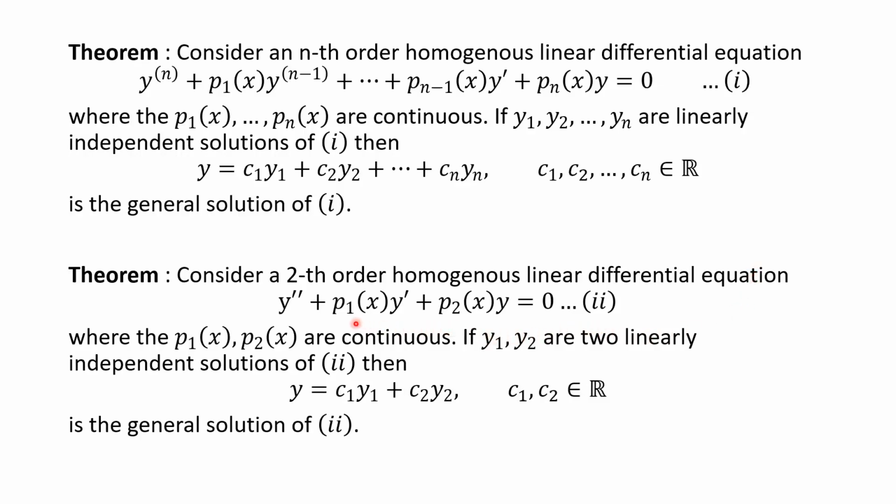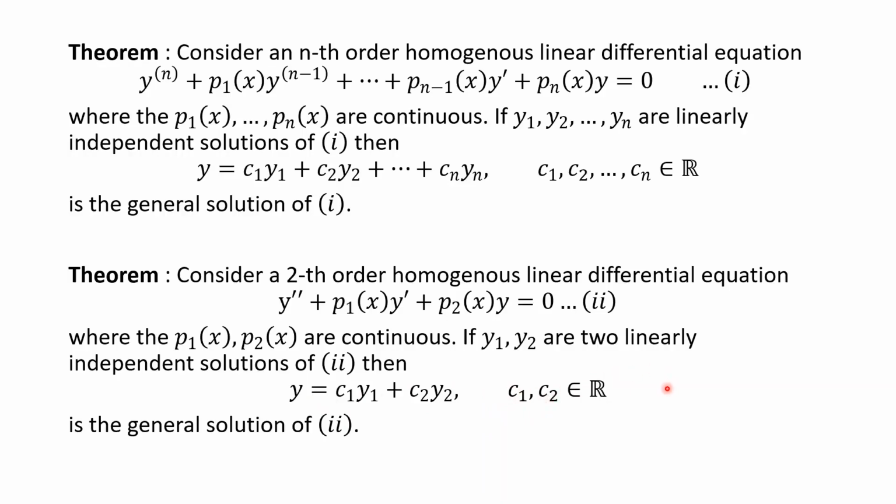It tells you if you've got a differential equation of this form and these coefficients are continuous functions, which in our case they trivially are because they're constants, then if you can find two linearly independent solutions, in other words, two solutions which are not simply multiples of each other, then their arbitrary sum, c1 times one plus c2 times the other, where c1 and c2 are constants, is the general solution.